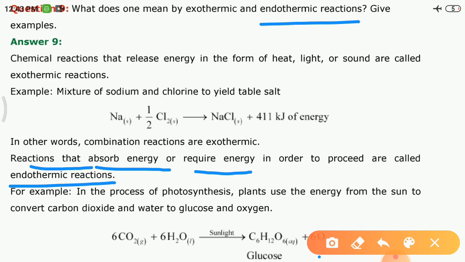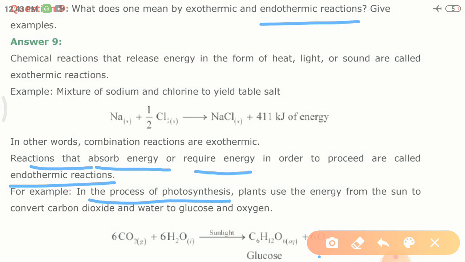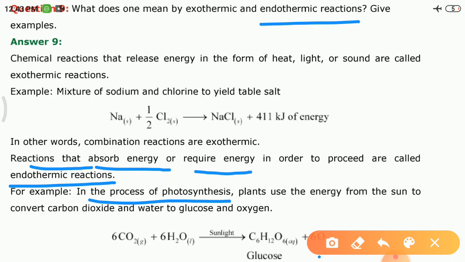Example, process of photosynthesis. Photosynthesis में plants sunlight से energy absorb करते हैं और ग्लूकोज फॉर्म करते हैं. कार्बन डाइऑक्साइड एनवायरनमेंट से लेते हैं, वाटर रूट्स से एब्जॉर्ब करते हैं और फाइनली ग्लूकोज और ऑक्सीजन प्रोड्यूस करते हैं.